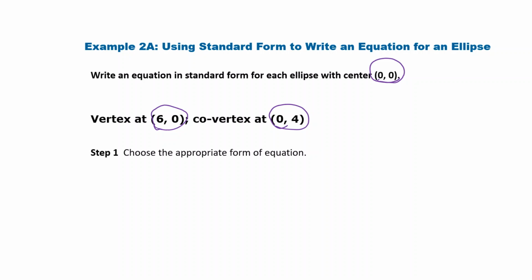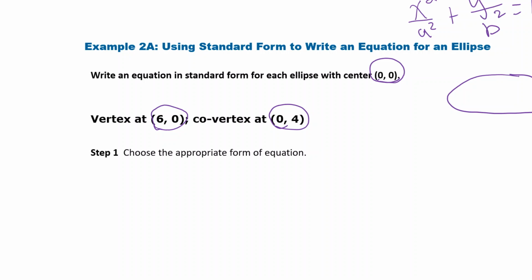Is it going to be x squared over a squared plus y squared over b squared equals 1? If that's the case, x is with the a, so x is the major, and that would be an ellipse that looks longer like that, all right?